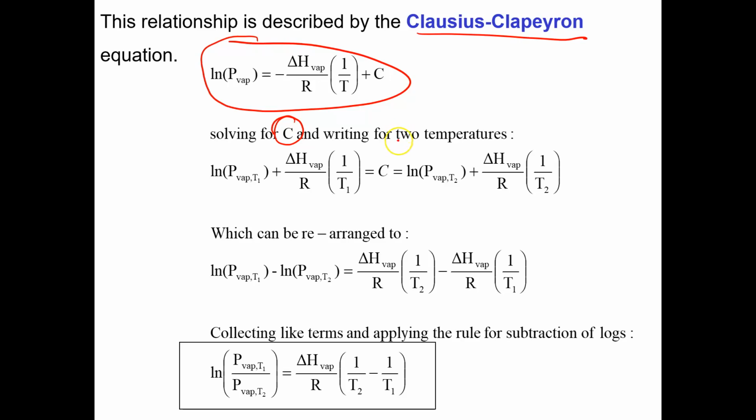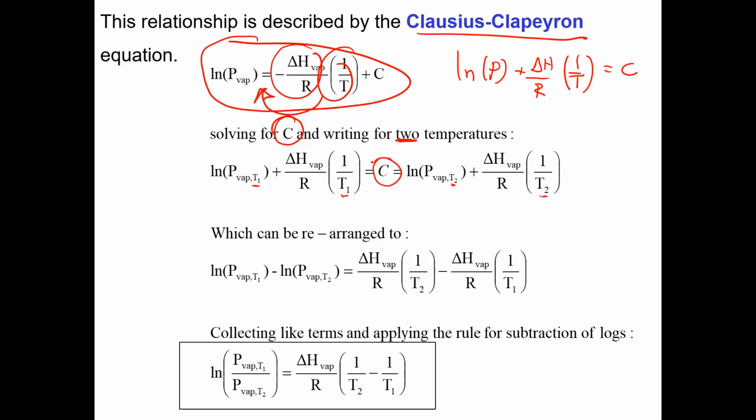So basically I'm going to note that log P plus delta H on R multiplied by 1 on T will be equal to C, because I'm just going to bring this whole term over to the left-hand side. Now I'm going to write this for two temperatures, T1 and T2. And both of these expressions will be equal to C.